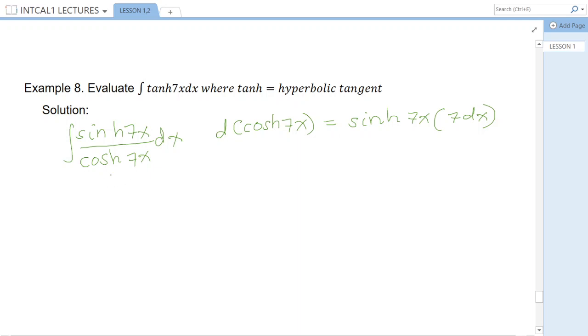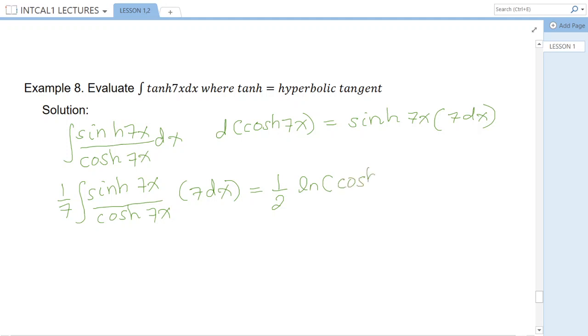Okay, so let us just get the logarithm for that and manipulate, since the numerator needs a 7. So let us divide by 7 and multiply by 7. Hyperbolic sine of 7x divided by hyperbolic cosine of 7x, multiplied by 7 dx. Okay, getting the integral for that, that is 1 seventh the logarithm of the denominator, which is cosine h 7x, plus c. So that is our final answer.